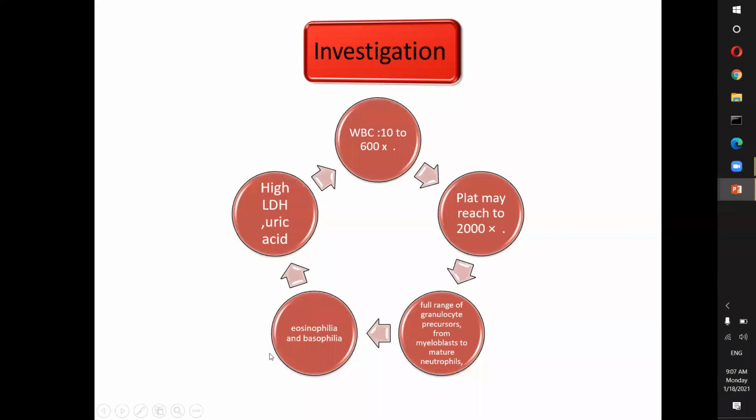So when you have a high white BC and the blood film shows the full range of granulocytic precursors from myeloblast to mature neutrophil with eosinophilia and basophilia, think of CML.